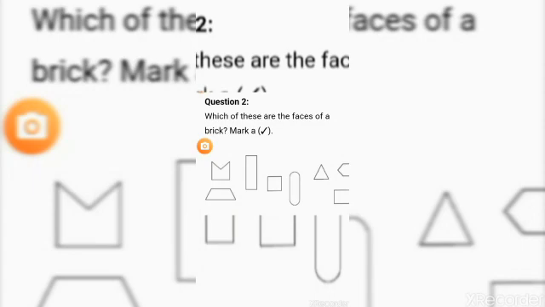So just look here at page number 4. This question is displayed: which of these are the faces of the brick? Mark a tick. This question alone you can see. The answer is given below.